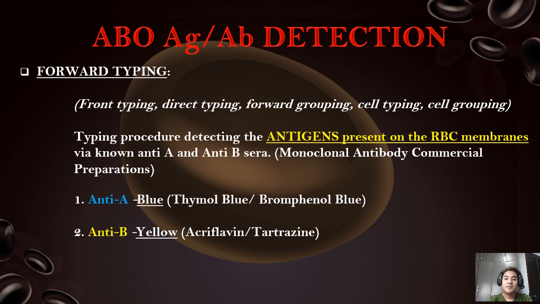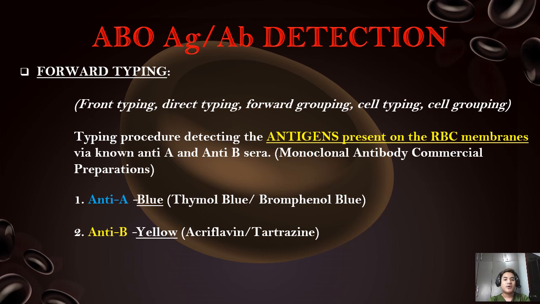It detects the presence of red cell antigens via known anti-A and anti-B sera, which are reagents used in the blood bank, mostly monoclonal antibodies that are commercially prepared solutions from animal origin. It comes with two different solutions for antigens A and B respectively.